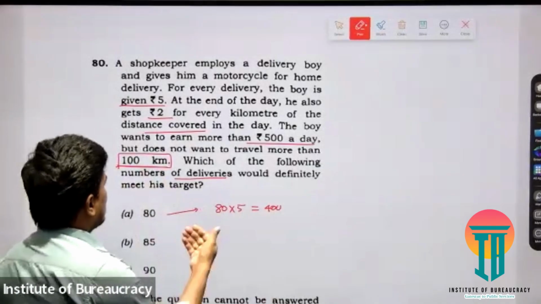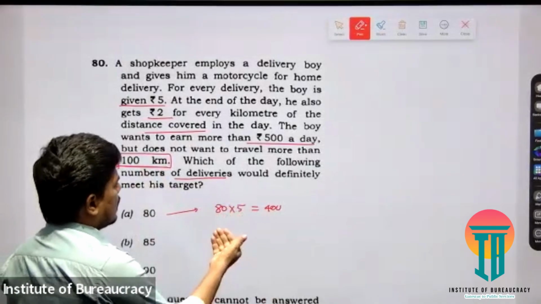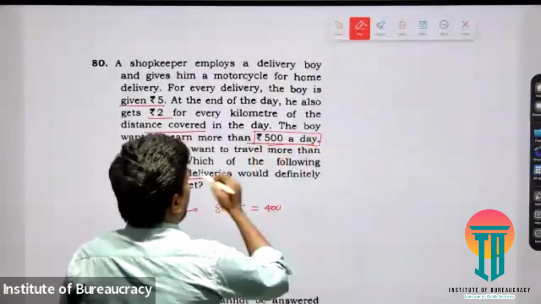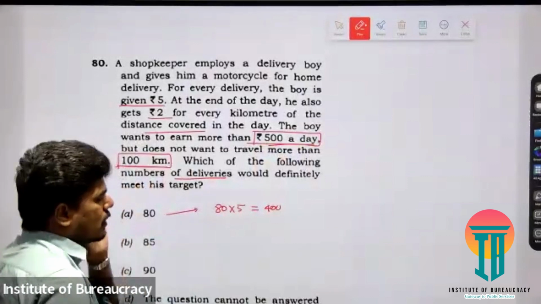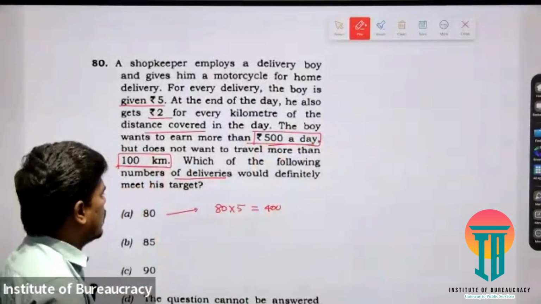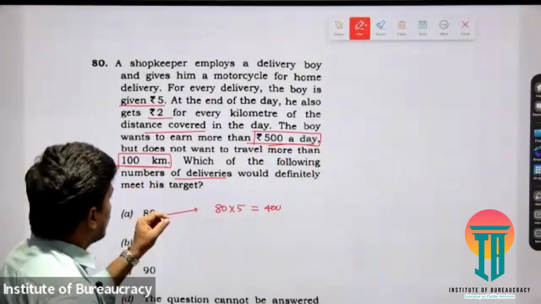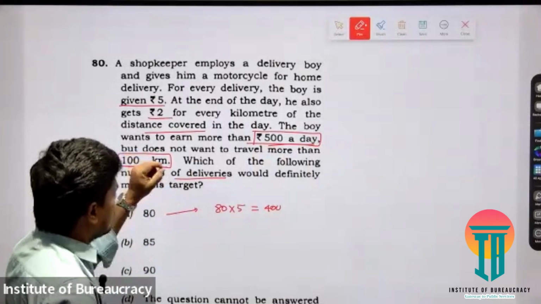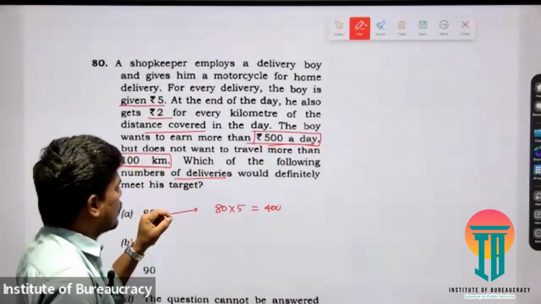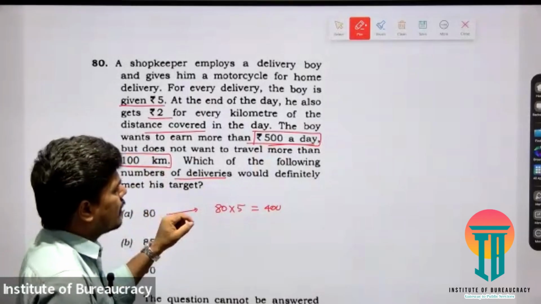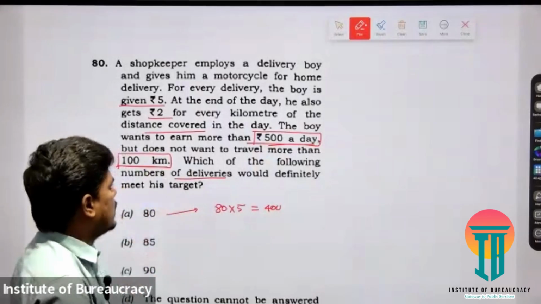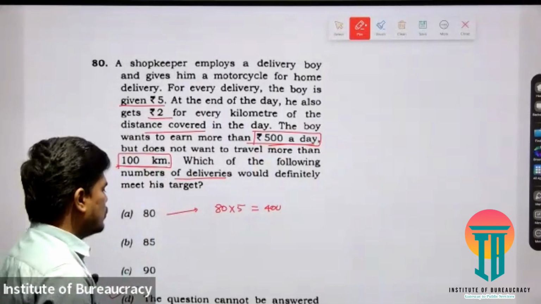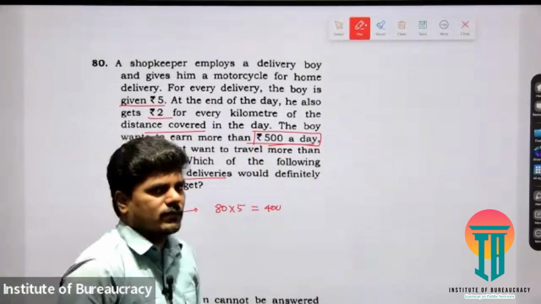But how much distance he traveled, that is needed to find whether he will get more than 500 or not. Otherwise, we cannot do it. So, without knowing the distance traveled by that delivery boy, finding the amount is difficult. Therefore, the question cannot be answered due to insufficient data.